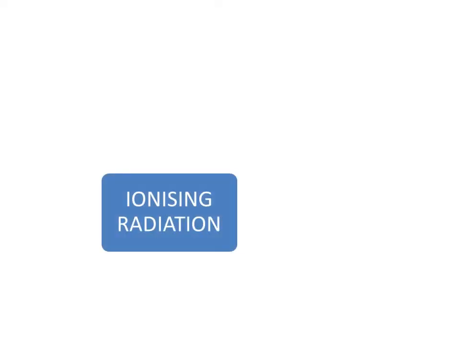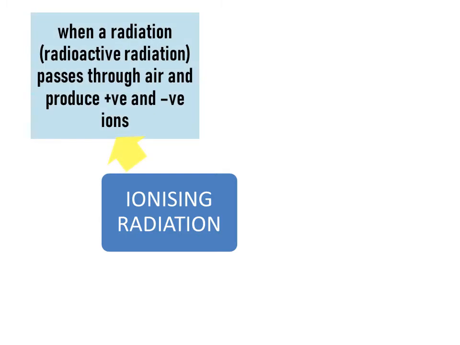Just now we mentioned radioactive radiation, which I would like to refer to as ionizing radiation, which you have already learned about in a previous subtopic as well. So let's just recall what you have learned before. When a radiation passes through air and produces positive and negative ions, then it is known as ionizing radiation. So the keywords here are produce positive and negative ions.